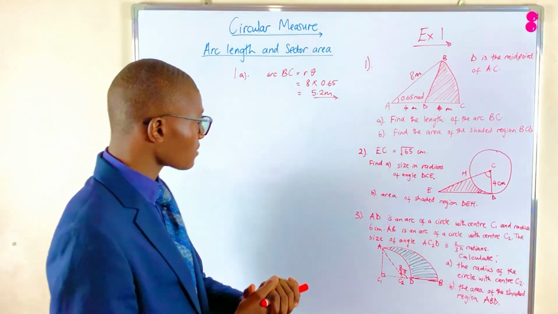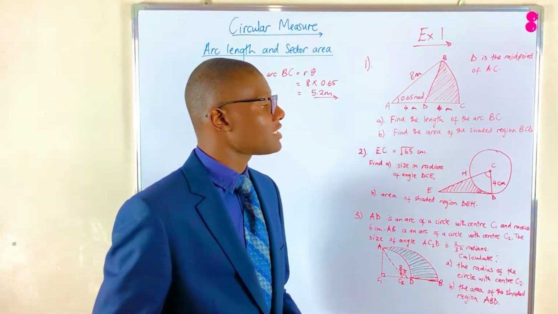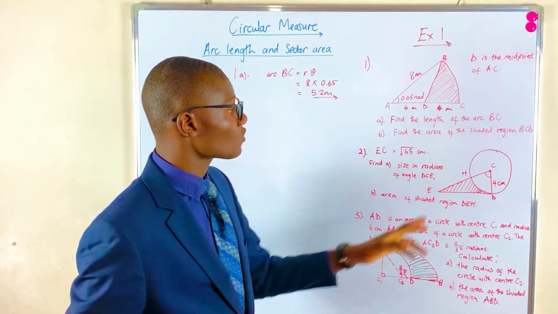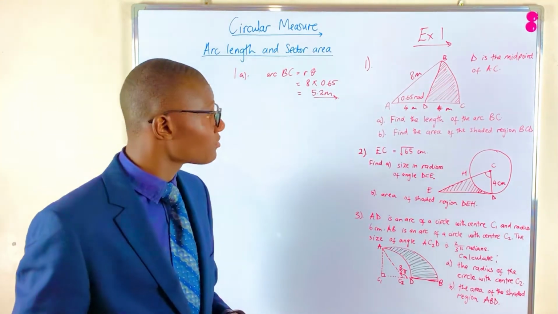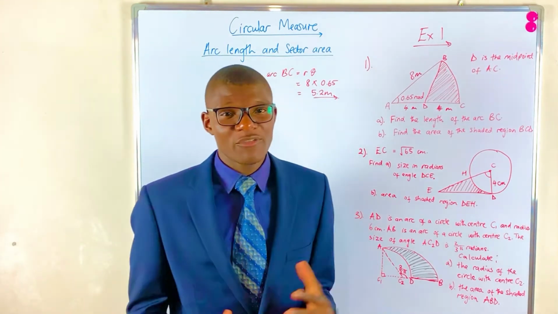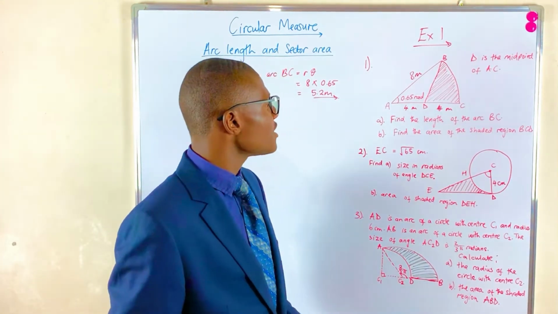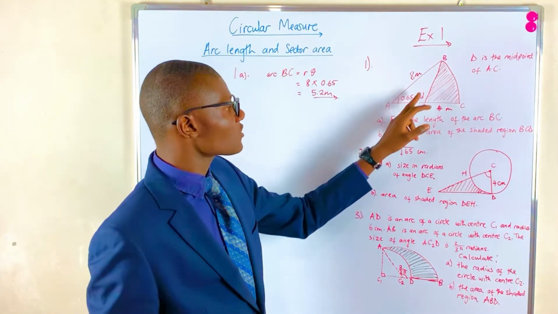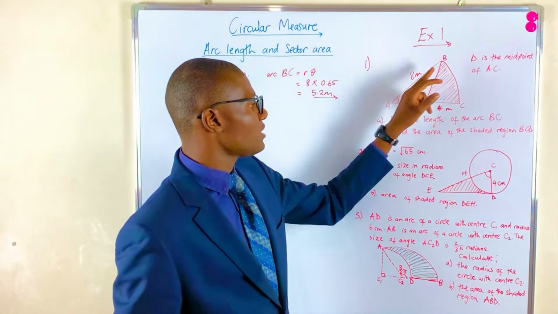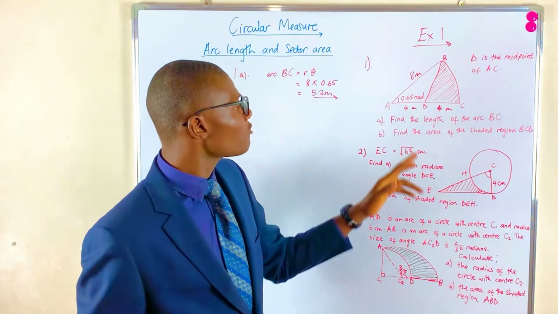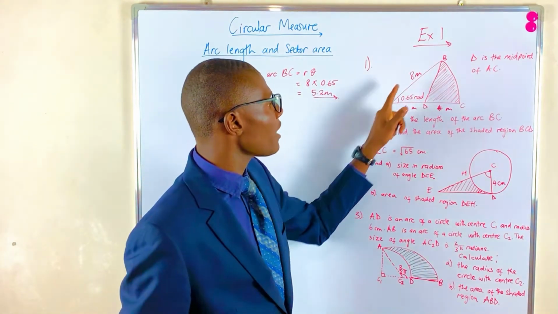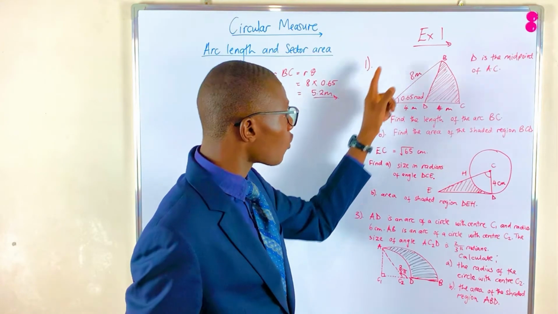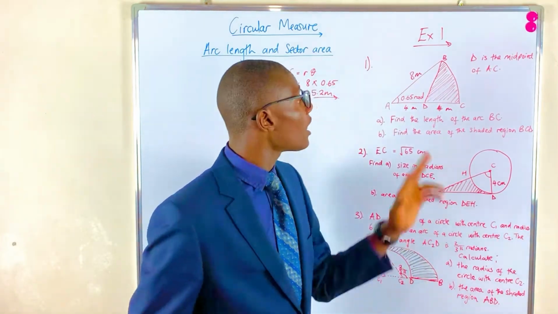The second question says, find the area of the shaded region BCD. So we now want to find the area of this shaded region. But how can we do that? As we can see, we've got a sector ABC, and then we've got this triangle ABD. So what if we subtract the area of the triangle ABD from the area of the whole sector ABC?